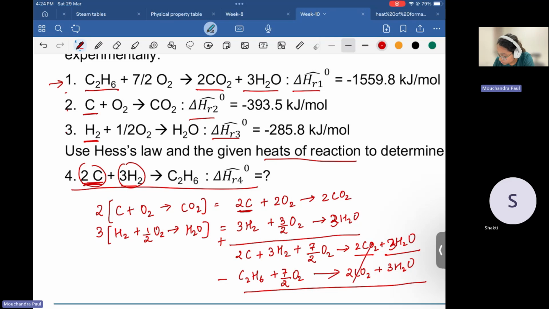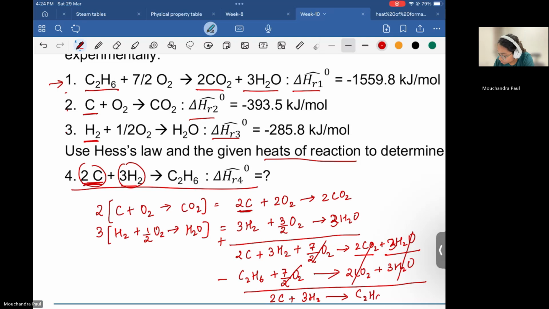You would see these two will get cancelled, this two will get cancelled, and these two will get cancelled. So the final reaction would look something like this. Now here minus C2H6 means it will go in the product side. This is what the fourth equation is, right?